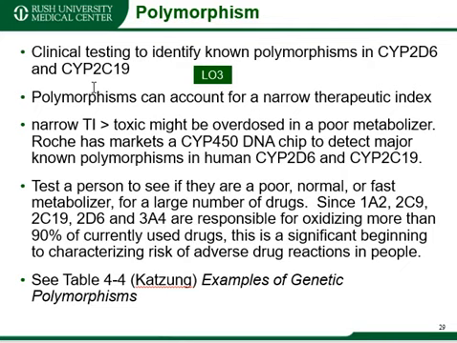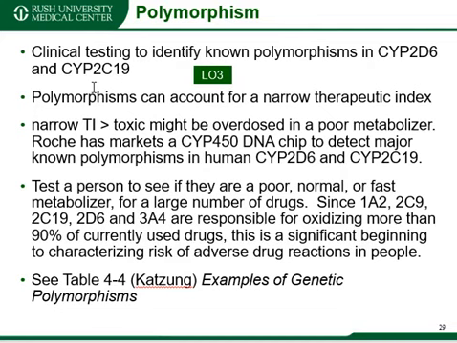Now, there's companies out there that are offering to look for some of these polymorphisms, especially with CYP2D6, which we had just talked about, as well as CYP2C19. And it's these polymorphisms that actually kind of account for the narrow therapeutic index that's experienced by at least some of the population that are being treated. Okay.